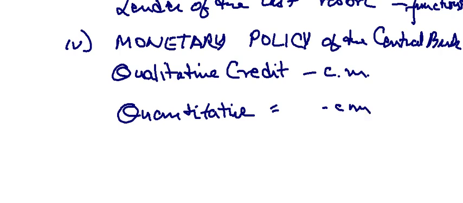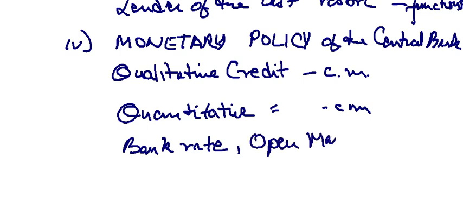We have certain technical terms that we are going to study here. I'll just mention those: you are going to study what is a bank rate. Then open market operations, what are open market operations, this we will study here.